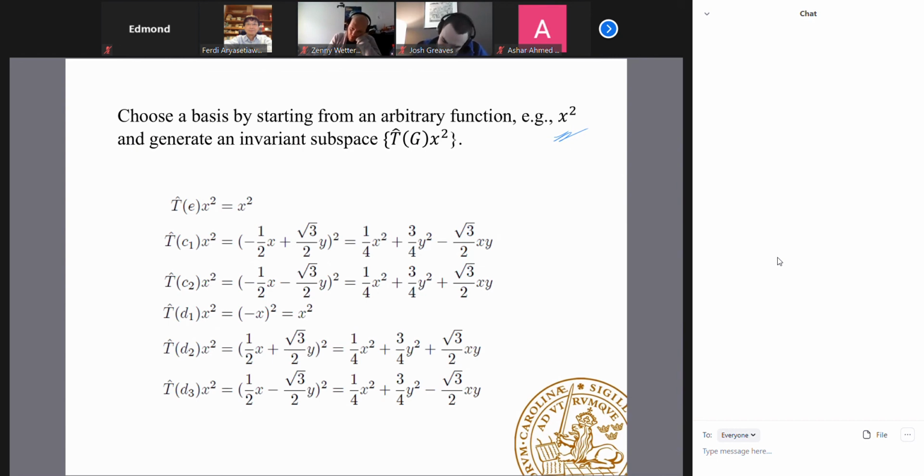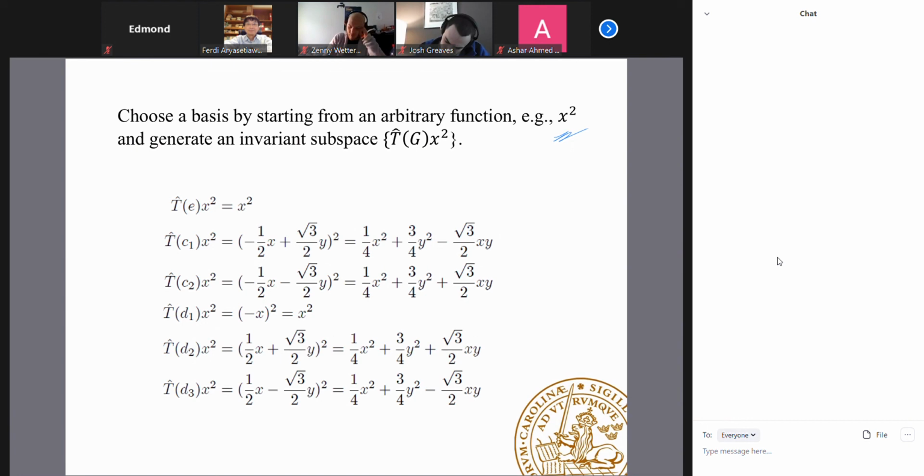You might notice that x squared actually belongs to, if you do atomic physics, then you realize that this is part of the d orbitals of an atom. But in principle it can be anything. We just choose x squared, so it's more complicated.